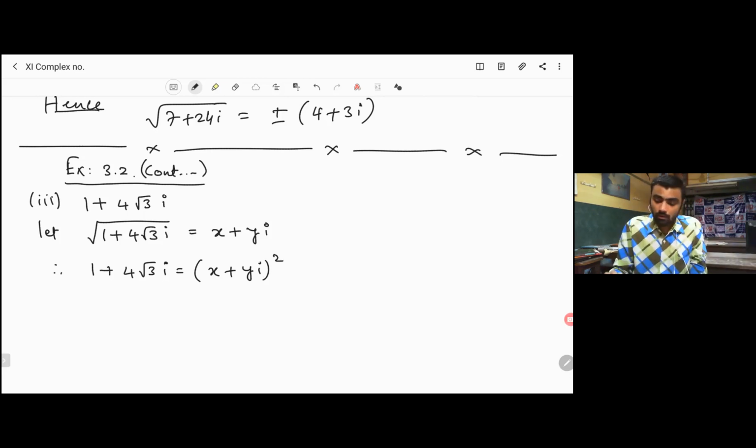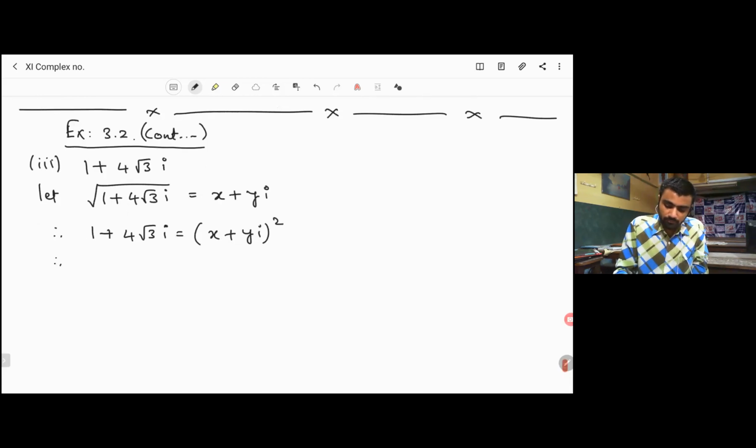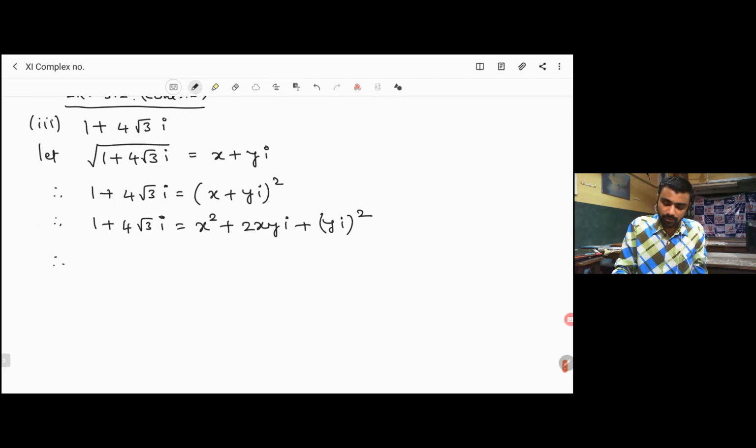Now expand the right hand side using the whole square formula. Left hand side as it is, and the right hand side expands to x square plus 2xyi plus y square i square.